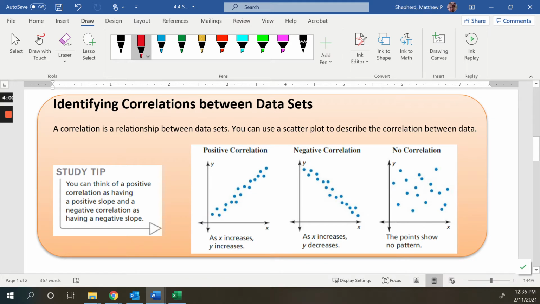So now let's talk about correlation. Correlation. Co usually means with. Relation, it's a relation. Okay, so we've got a relation with something. In this case, our x and y variables. When you notice a clear pattern in a scatter plot, that means there is a correlation.